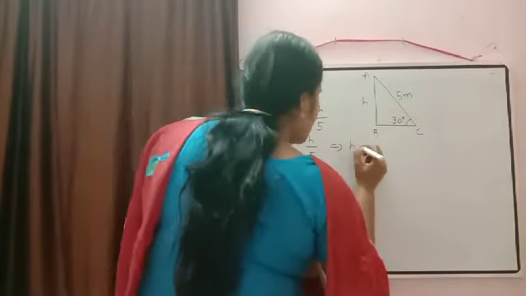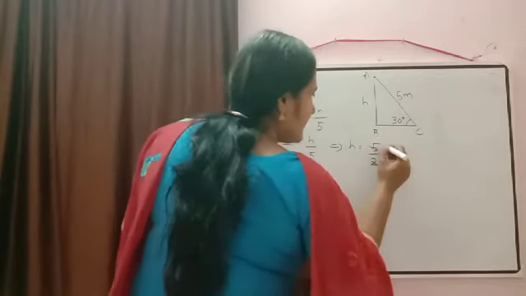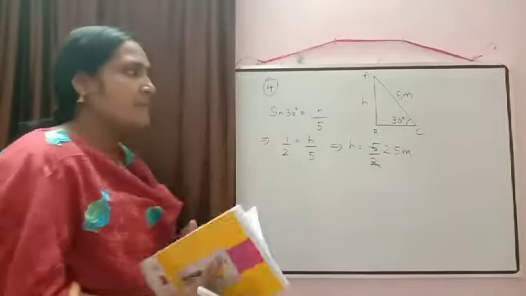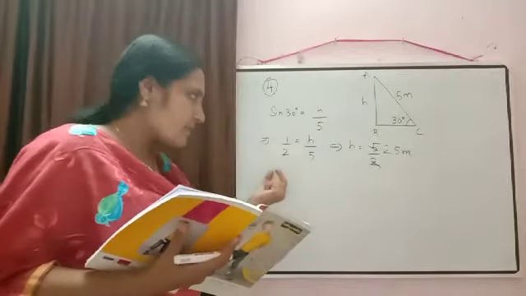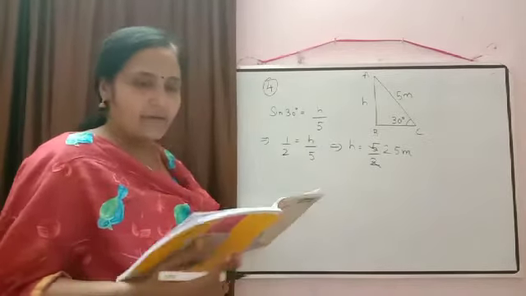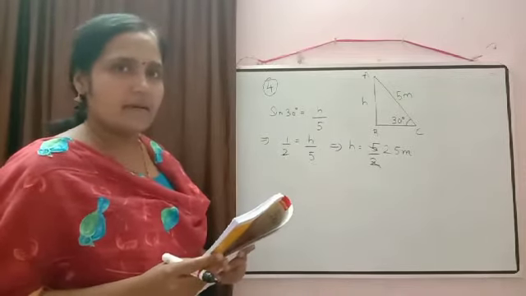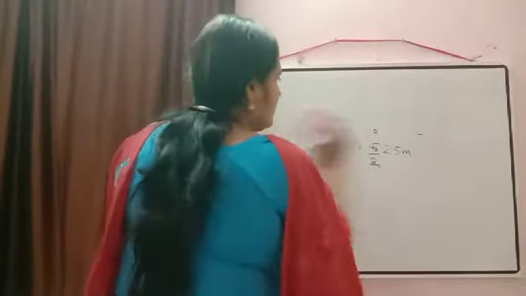So it will come h is equal to 5 by 2. So if you want, you can cancel here because cancellation is easy there. So we will get height of the wall as 2.5 meter. At last, again write down the answer statement. Height of the wall is 2.5 meter. Written? Okay. Now, next question.